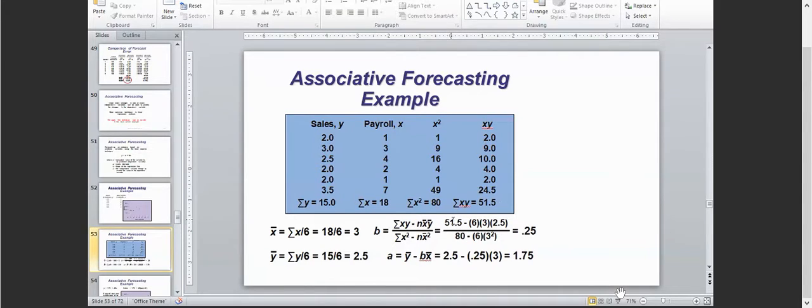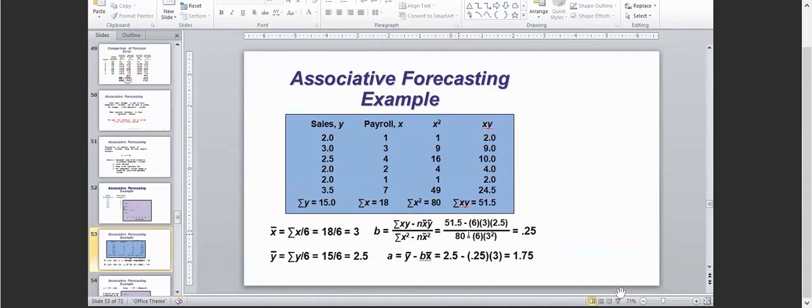So 51.5 minus 6. 6 is the number of data, assigned as n, times x bar multiplied with y bar. So we have x bar here, 3, multiplied with 2.5, and divided by 80. 80 is the total value of x square here.